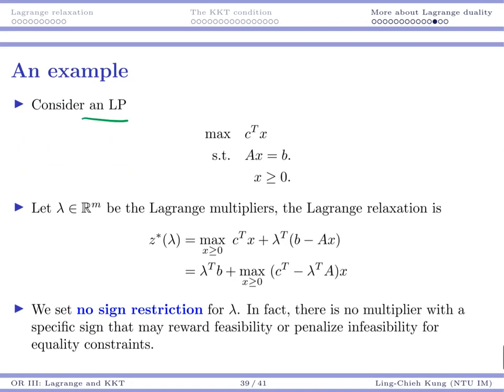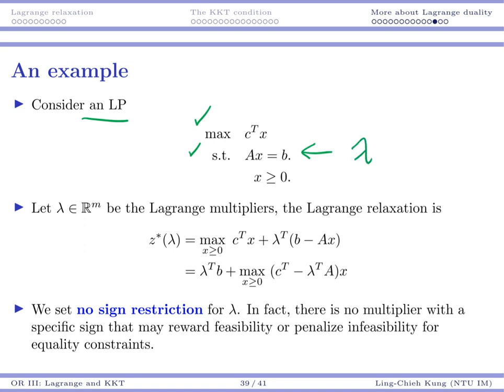Let's consider a primal linear program. Okay, we want to maximize c transpose x subject to Ax equals b and x non-negative. So once we have this, if we want to apply a Lagrange multiplier on it, then for each constraint here, we are going to have a lambda value.